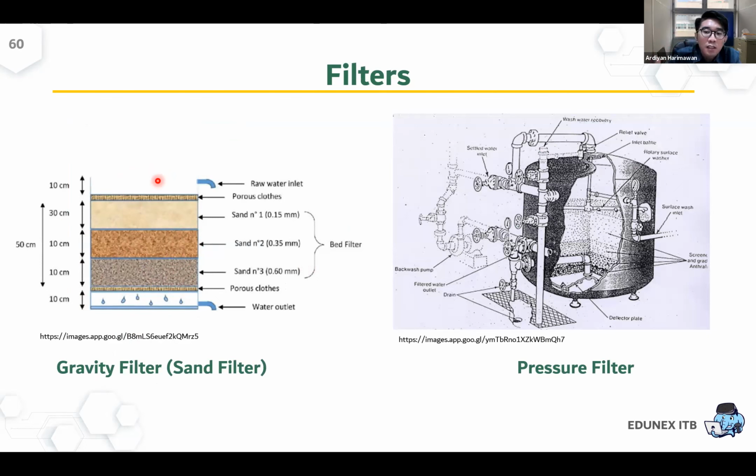The outer box is like a tube, filled with certain materials, including sands with different sizes. Different sizes create different pore sizes, right? Because it's solid, it will create empty space, void space, and then it can be used to filter the water. Okay, this is the usual sand filter.